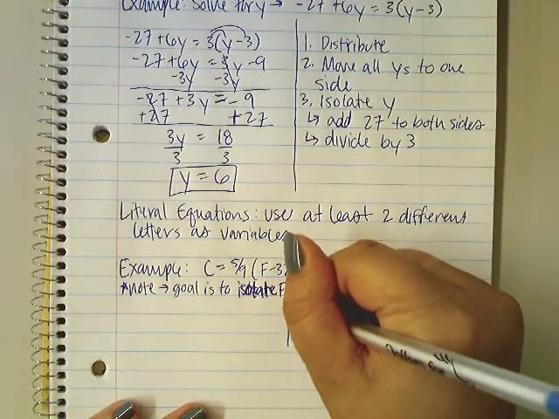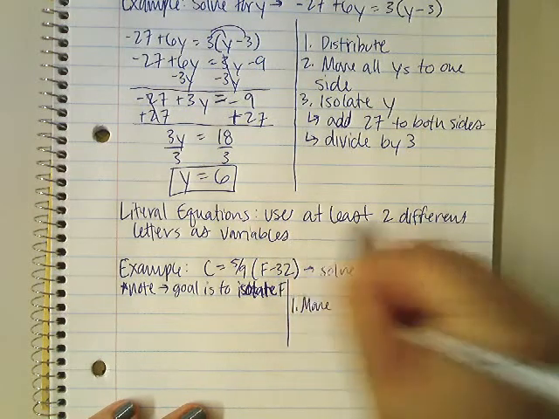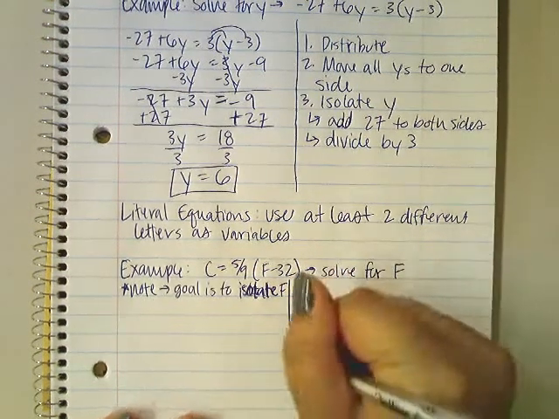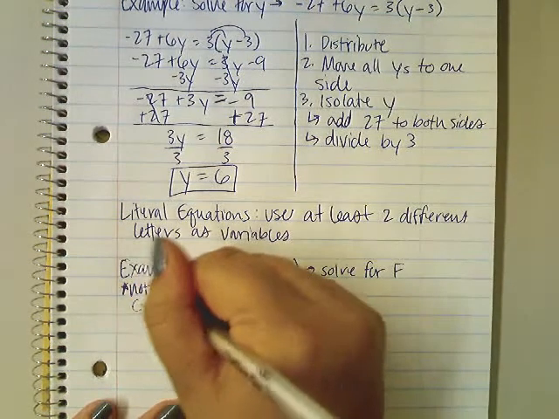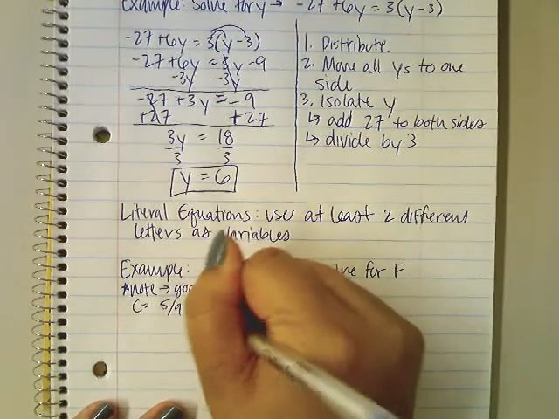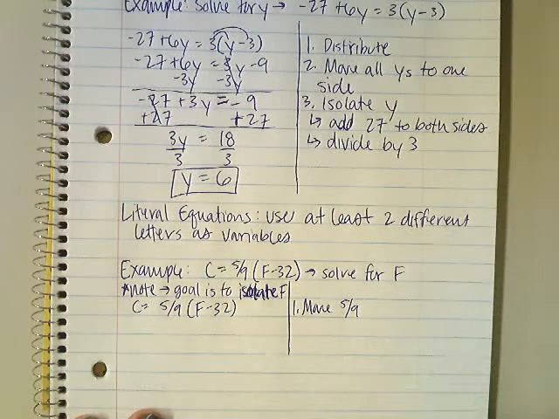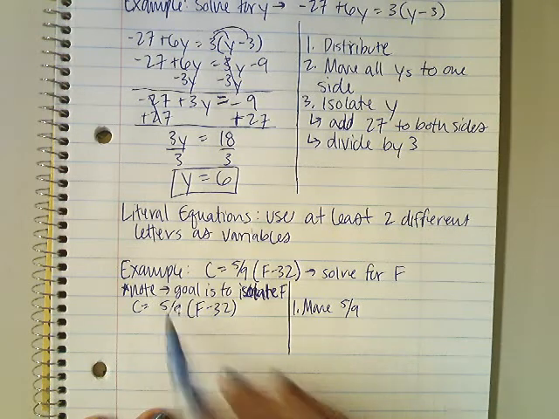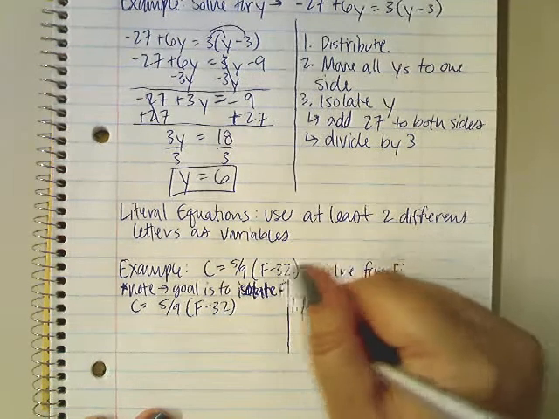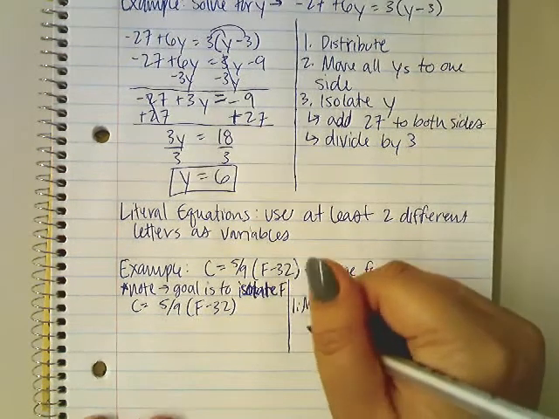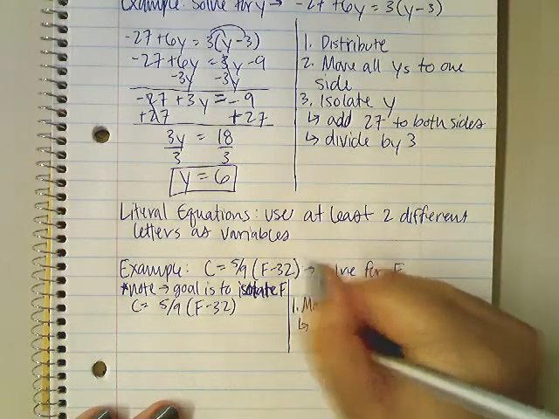So our first step is going to be to move 5/9, because I have C equals 5/9 parentheses F minus 32. I don't want to distribute that fraction in because 5/9 and 32, that's not going to give me the pretty number I would like. So instead I'm going to move 5/9. The most efficient way to do that is going to be to multiply by 9/5.